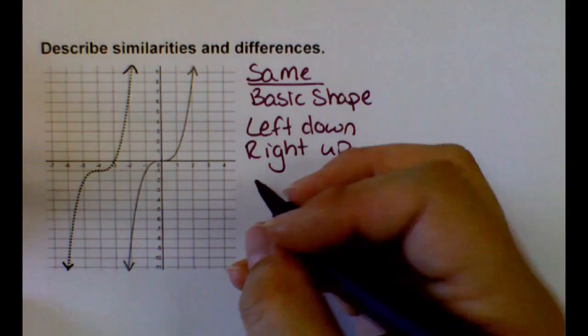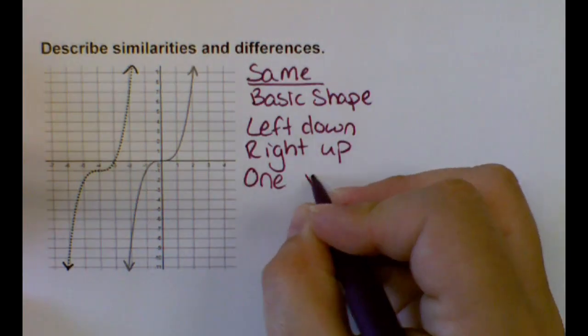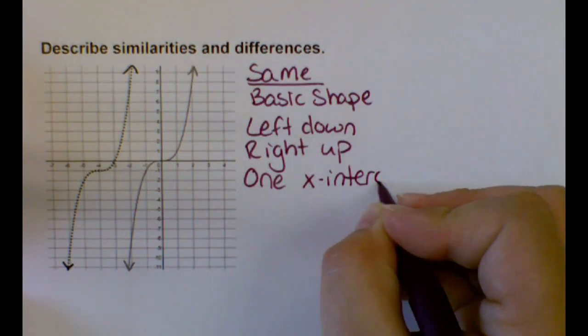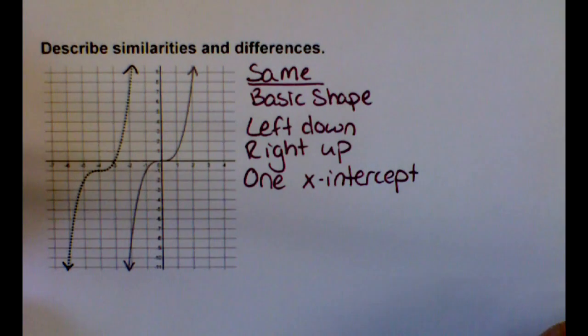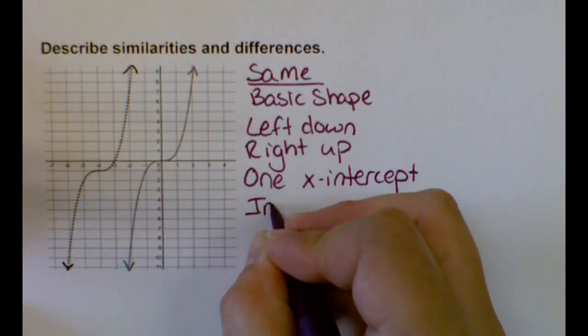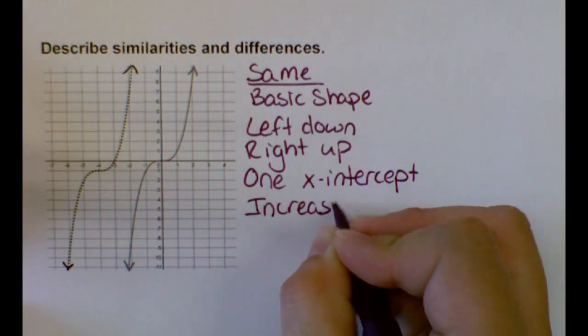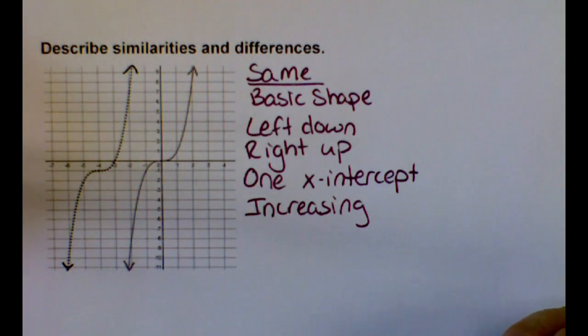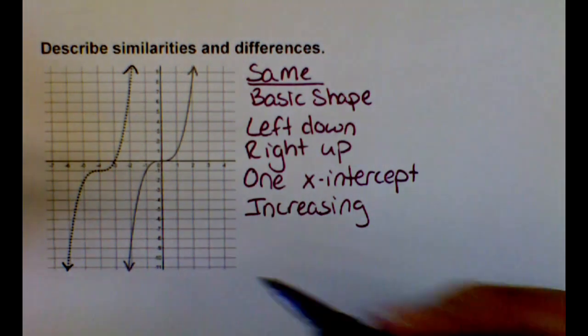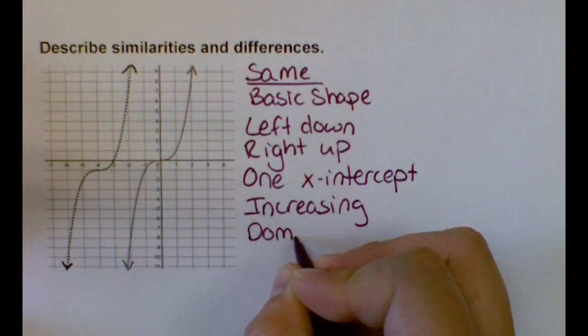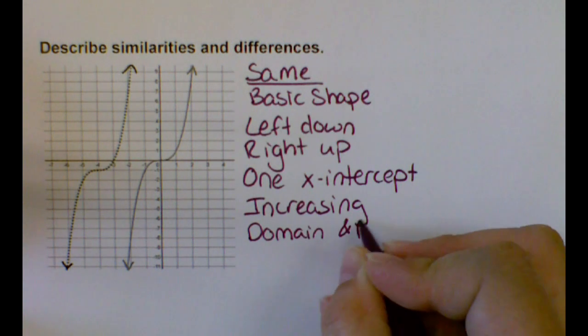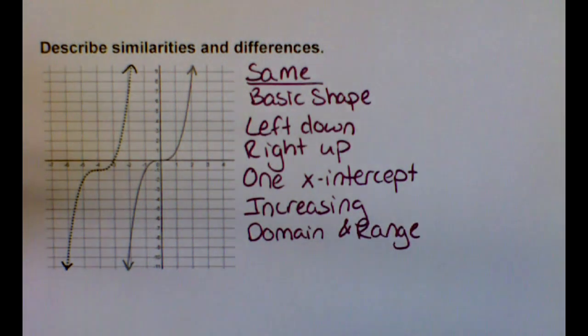There's only one x-intercept. It's always increasing. It's got a domain of all real numbers and a range of all real numbers. A lot of similarities.